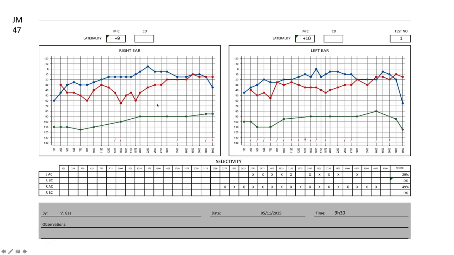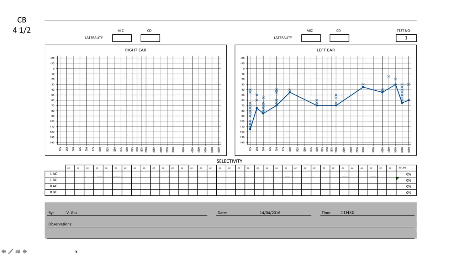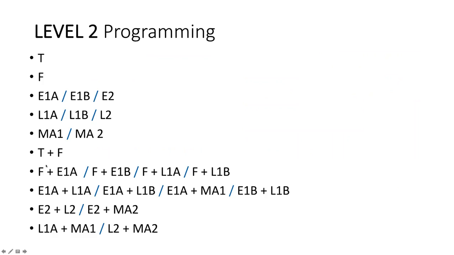And the last one, of course, I would probably start with the T program in this case. So for the moment, we're waiting for his ears to get better. So you see, now we get to level 2, and it's the same. I personally prefer to go slower than too fast.